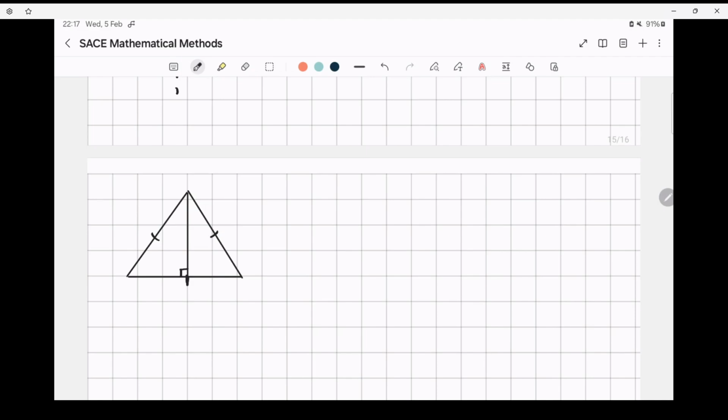So if these three sides are equal, it means that all the angles are 60 degrees. So this will be pi over 3. And this particular line will divide it, so it will become 30 degrees. So that will be pi over 6.